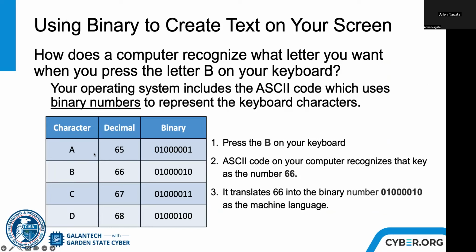In this case, capital A is 65, and in binary, it would look like this. This system is called ASCII. And it's an American system. I think the A stands for American. But this is how we represent letters using our binary 1s and 0s.